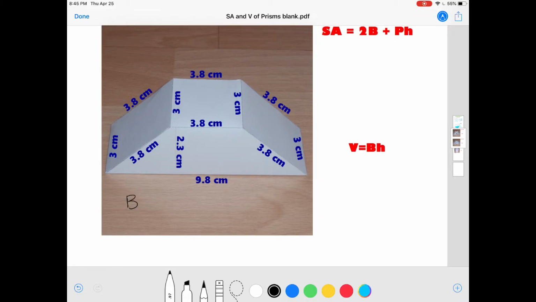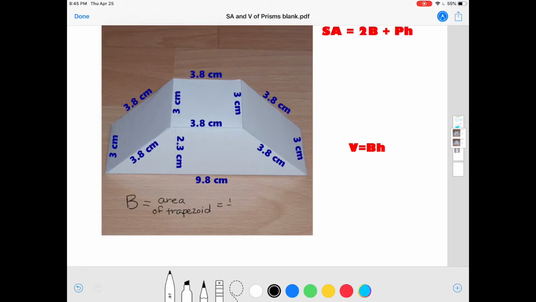Because that's not what I want to hear. I want you to say, capital B stands for area of the base shape. I'm even going to write it this time. Area of, and in this case, area of the trapezoid. The front trapezoid, the back trapezoid, both of them will be the same.